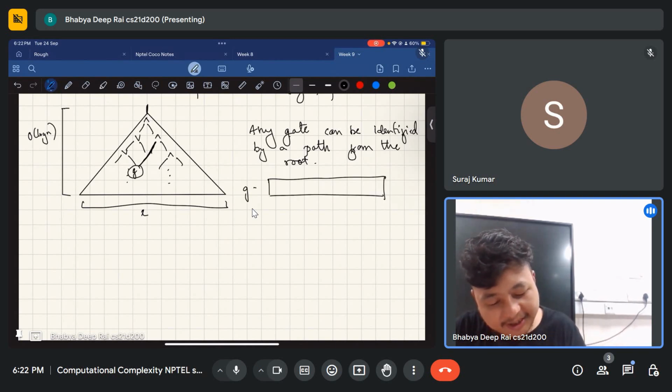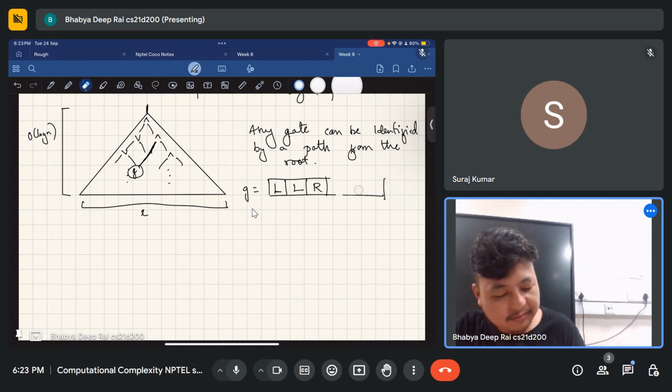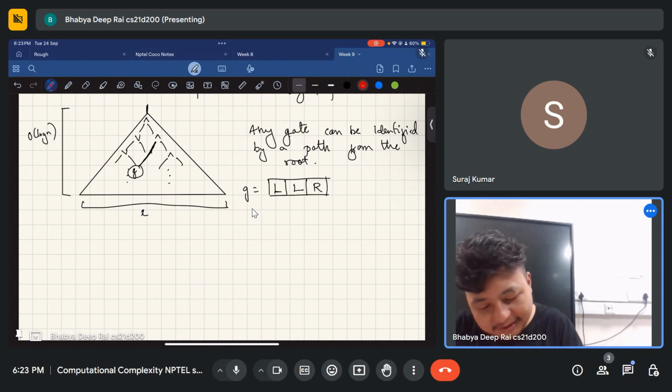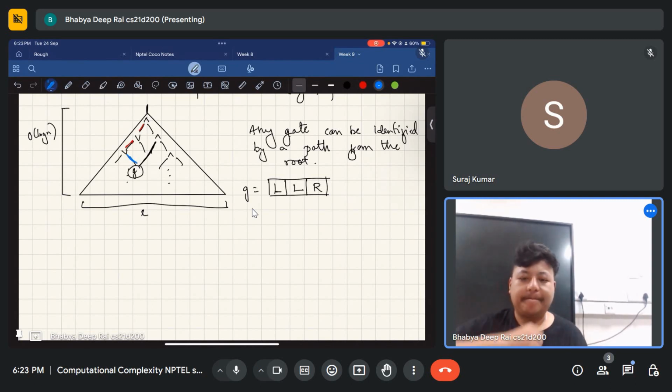G can be identified as: from the root, go left, and then go again left, and then go right. This is how a gate can be identified.